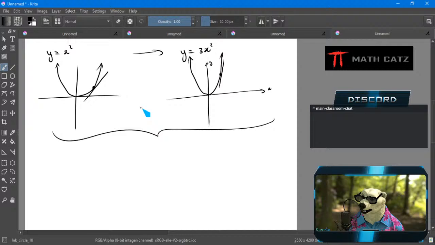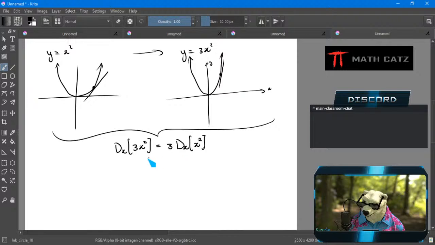We can sort of argue it graphically for a simple function that we understand and say the derivative of 3x squared. It turns out if you do it precisely, you measure the slope and have specific examples, it is going to be the same as 3 times the derivative of the basic function before the transformation.